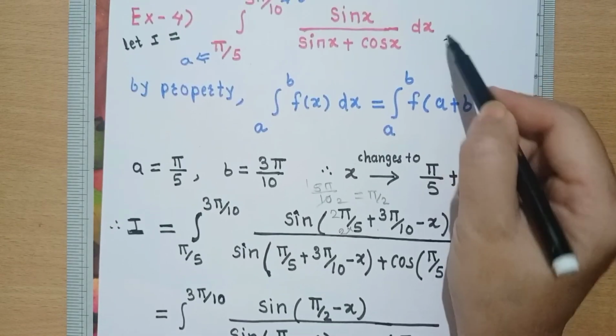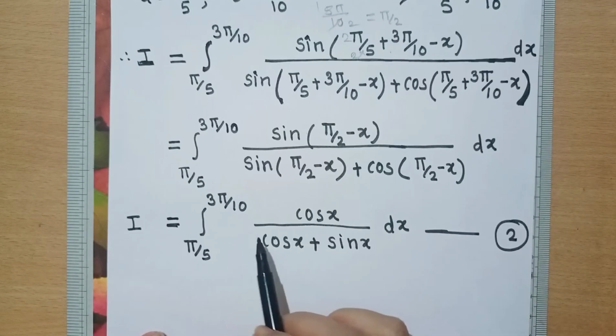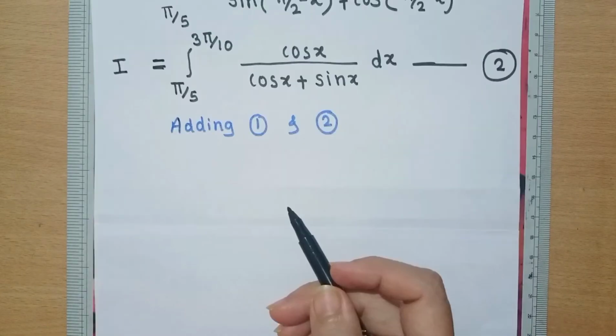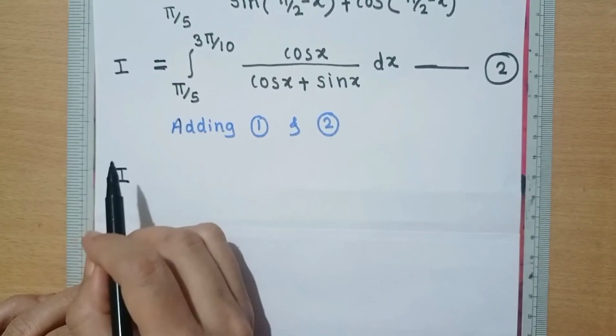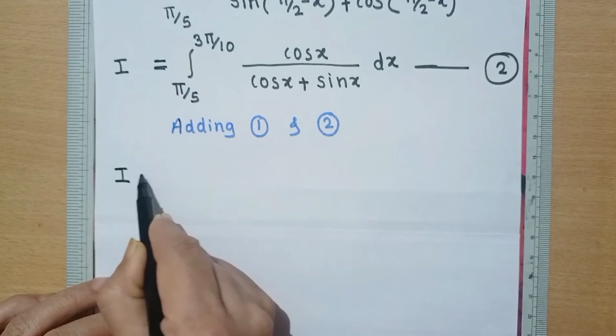So we will say this is equation number 1 and this is equation number 2, and by adding 1 and 2, our given integral is I. First we will add up the left-hand side, and the left-hand side of equation 2 is also I.